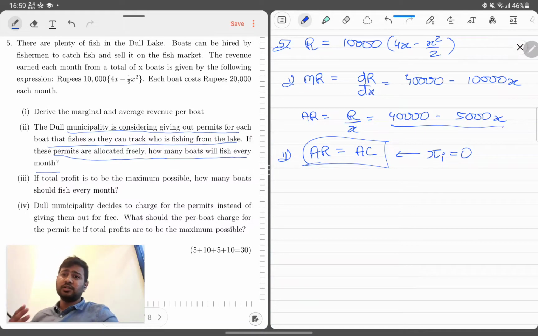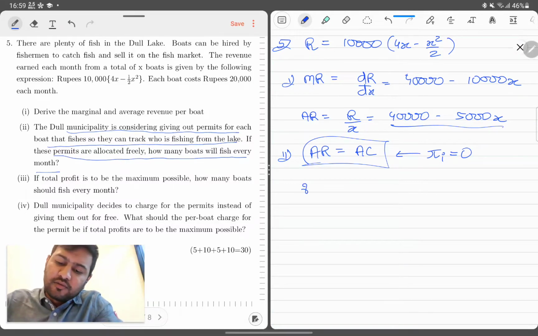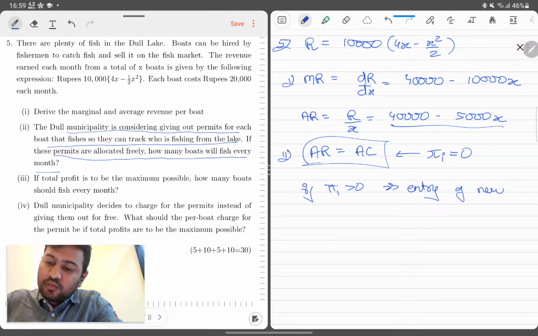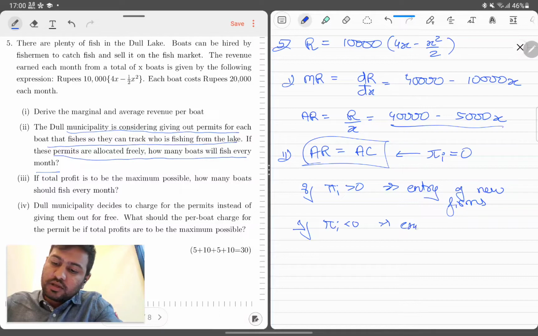As long as profits are positive for any firm, we'll see more entry happening. If pi i is positive, you see entry of new firms, in this case fishermen. If pi i is negative, you see exit of existing firms.